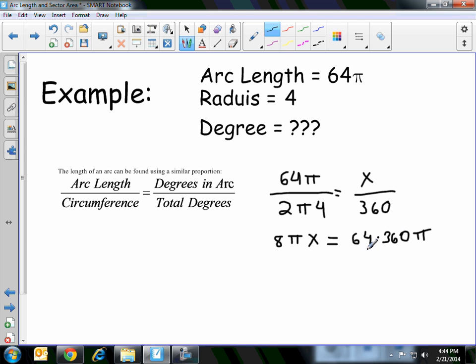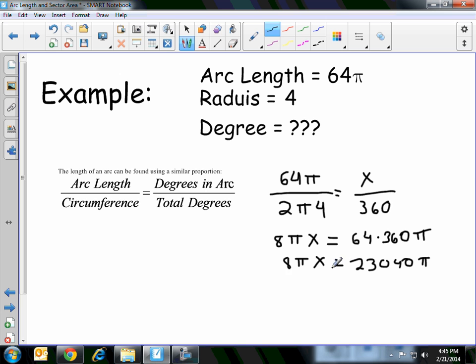All right, so I'm going to do 64 times 360 in my calculator, and I get this large number of 23,040, and there's the pi at the end of that. And that's equal to 8 pi x.